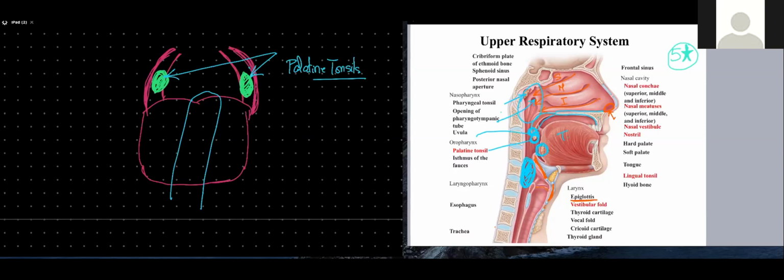And on the inside, we've got the vestibular folds. This is where you're going to have your vocal cords. Down below the laryngopharynx, we're going to have the esophagus, which is just the continuation of the laryngopharynx that will be responsible to conduct the food and liquids towards your stomach.